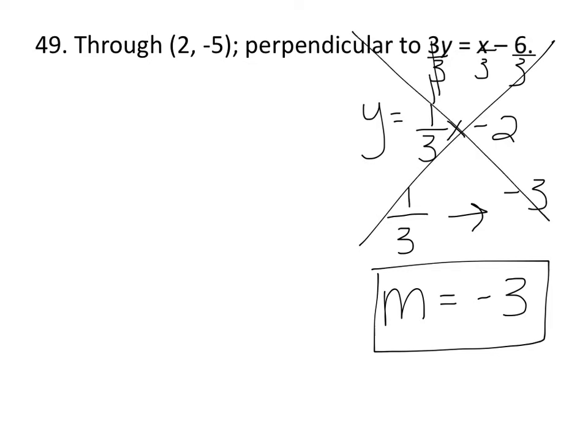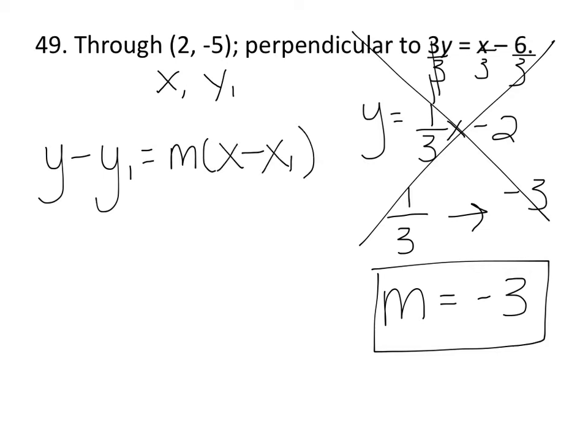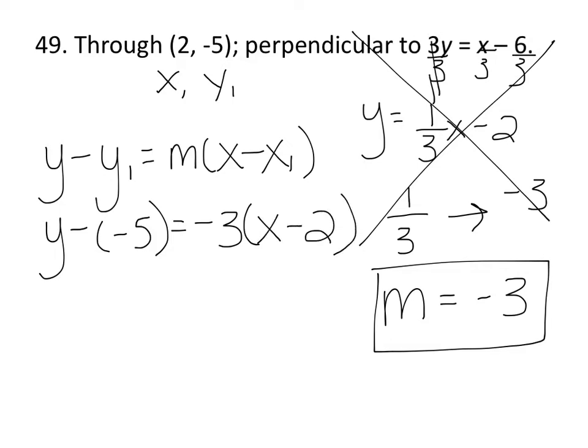That's the slope I'm going to use, so ignore all of this. And then the point they gave me is this. I'm going to plug into y minus y1 equals m times x minus x1. So I have y minus -5 is equal to -3 times x minus 2. I got my y1 from -5 here, my m of -3 here, and my x1 from 2 here.